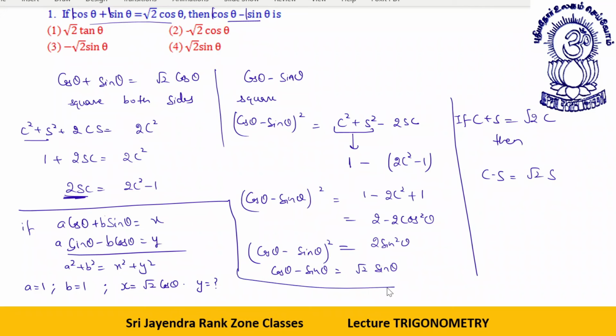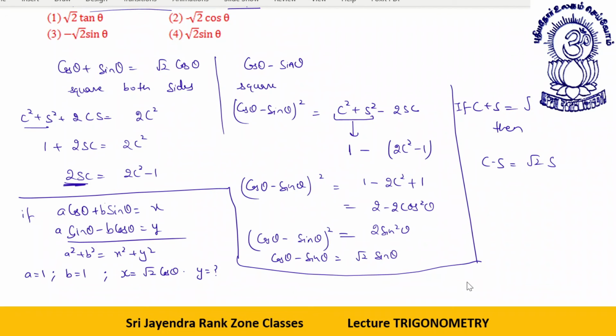Okay. So the direct logic will be a square plus b square is equal to x square plus y square. This implies 1 plus 1 is equal to x square, which means 2 cos square theta, plus y square. This implies y square is equal to 2 minus 2 cos square theta, or 2 into (1 minus cos square theta).